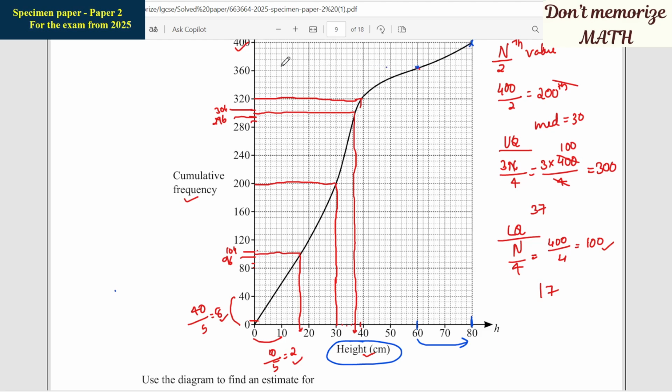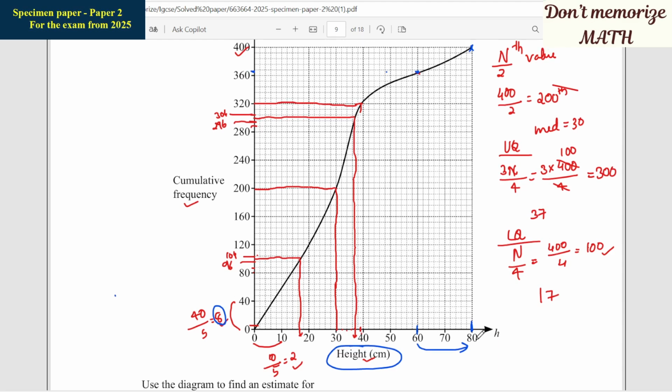So this is just after 360. One line represents 8 in the y-axis. So it is not 368. It is before that. So we will just take 364. Okay, so 364, and for 80 we have 400.